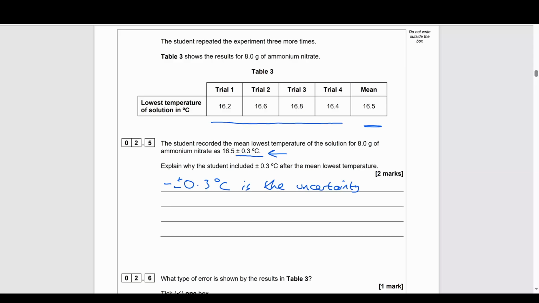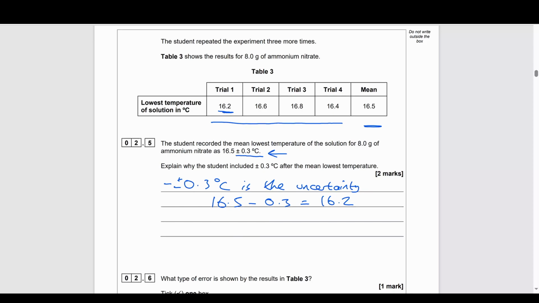What we need to do to find out why it's 0.3 is look at the actual trials that we get. If you look at trial number 1, 16.2, that is 0.3 degrees underneath the mean. So we get a value of 16.2 because 16.5 minus 0.3 equals 16.2.